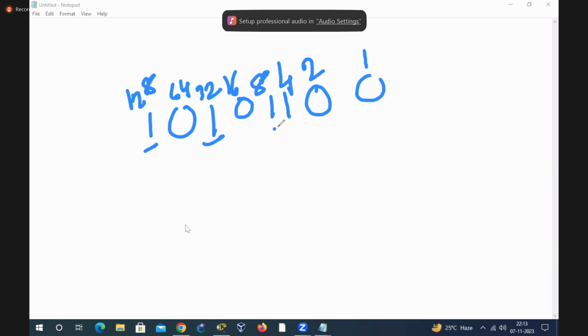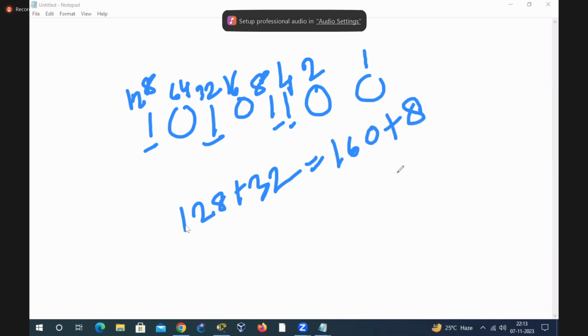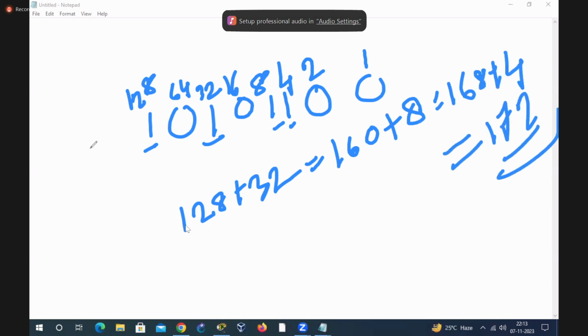And whatever ones we are seeing, we're just adding. So 128 plus 32 is how much? 160, plus 8 is 168, plus 4 becomes 172. That is your result.